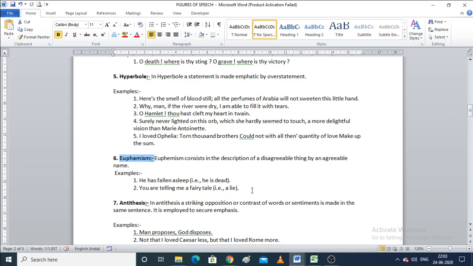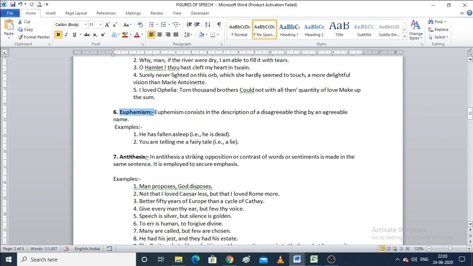Now the seventh one, which is antithesis. Now what is it? In antithesis, a striking opposition or contrast of words or sentiment is made in the same sentence. In this one, a particular sentence contains a thing and its opposition.